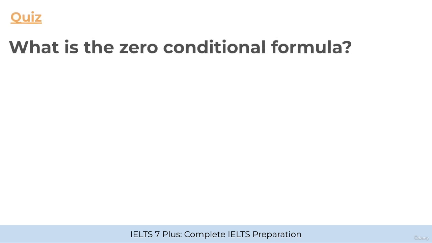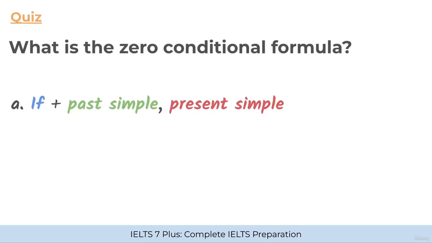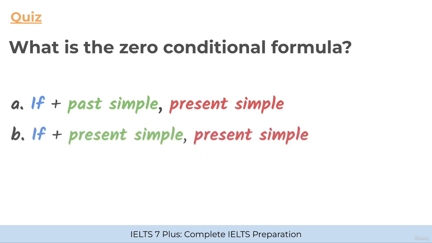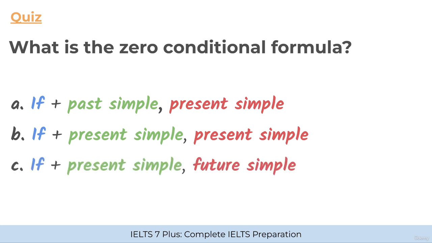So the formula for the zero conditional, is it if plus past simple, present simple? If plus present simple, present simple? If plus present simple, future simple? Okay, so just one answer is correct for this one. Have a look, and we're jumping back to the zero conditional.